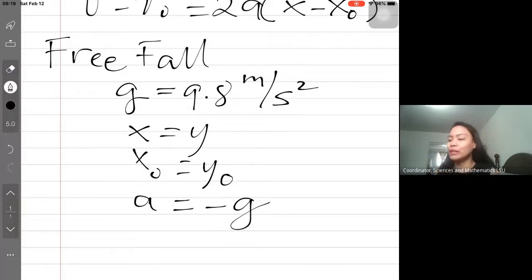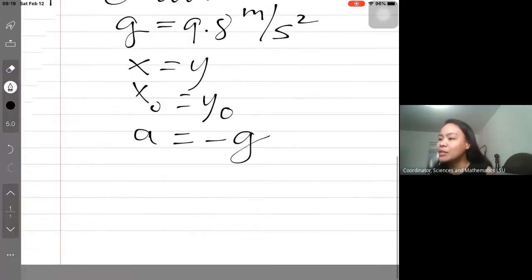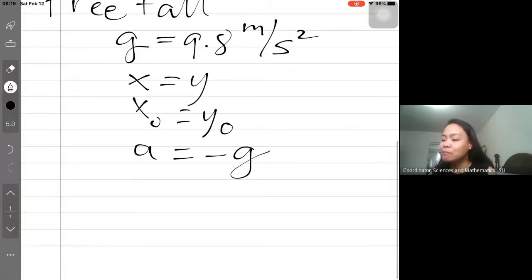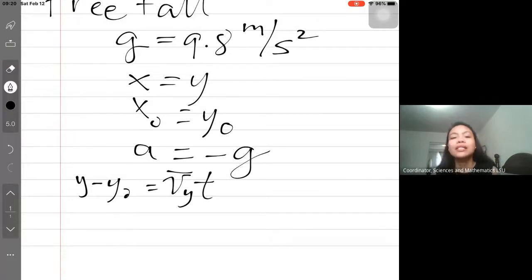Okay, so going down. So our kinematics equations will then become, for free fall, y minus y sub o is equal to v sub y, this time the average, times the time. Okay?